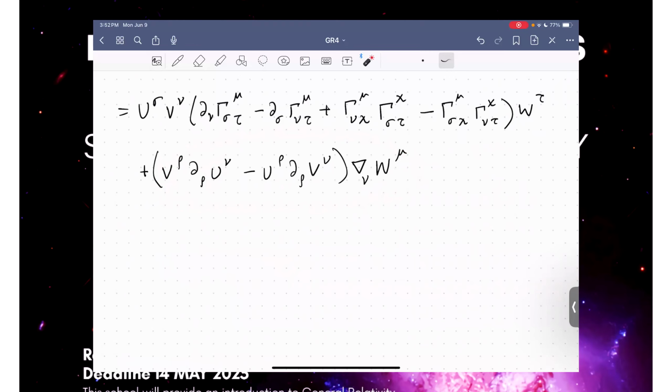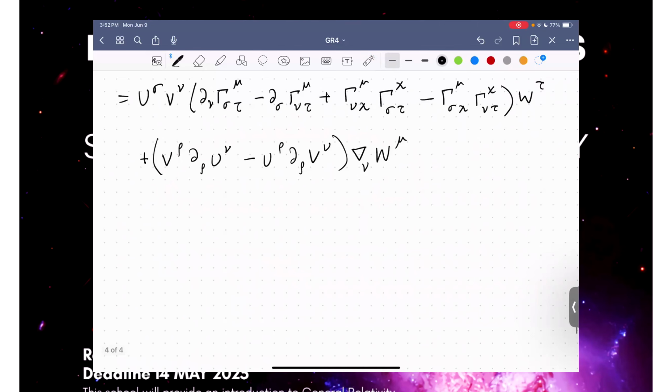And this factor has a name which on a slightly longer course we would have had time to discuss, but as it stands, we don't. This is called a Lie bracket, or a Lie derivative of a vector field with respect to another. So you will often see terms like this in textbooks: two vector fields v and u, and some kind of bracket like this.